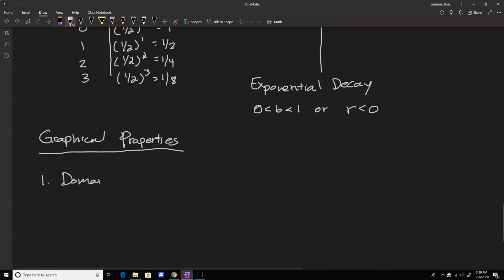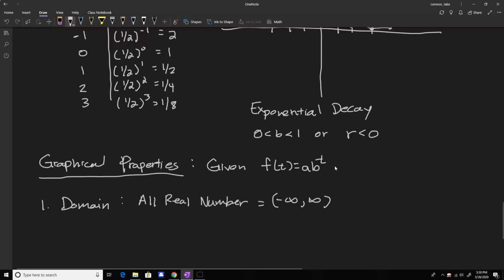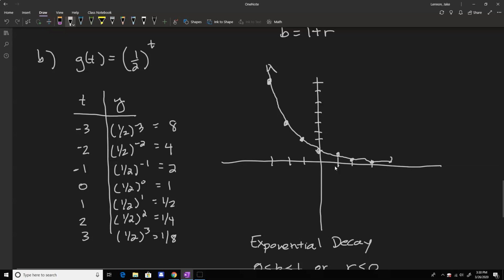Given a general exponential function, f of t equals ab to the t, we're just considering it in standard form. So given a function that looks like that, the domain is all real numbers, which in interval notation we can write from negative infinity up to infinity. Basically, if you look at either graph to the left and to the right, the graph appears everywhere. So it has all real values.